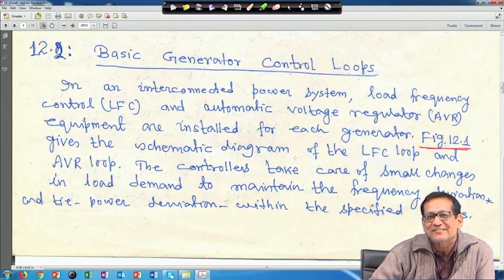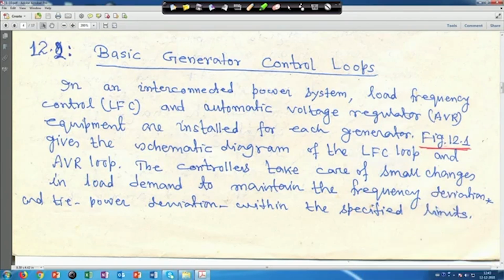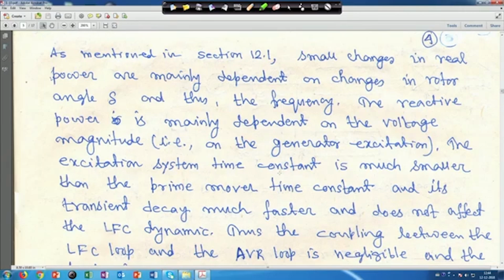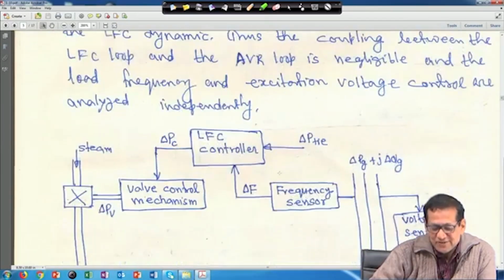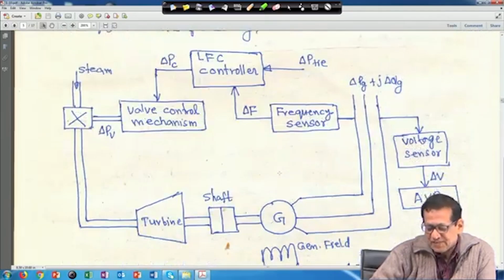Figure 1, which I will come to, gives the schematic diagram of the LFC loop and AVR loop. The controllers take care of small changes in load demand to maintain the frequency deviation and tie power deviation within the specified limits, right.